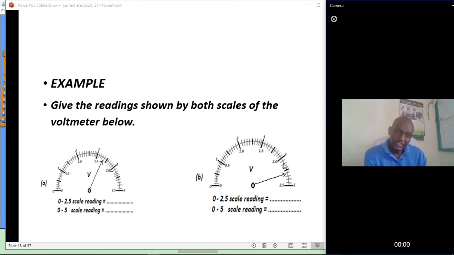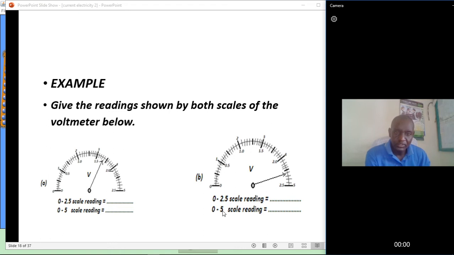Come to this one, the inner scale. 1, 2, 3, 4, 5, 6. Six times 0.05 gives you 0.30. Add to 2.0, that will be 2.30.